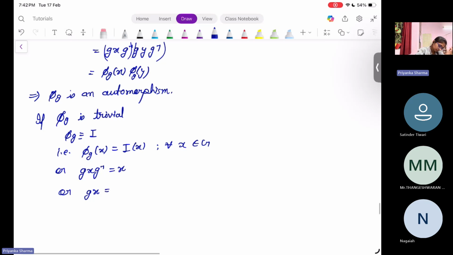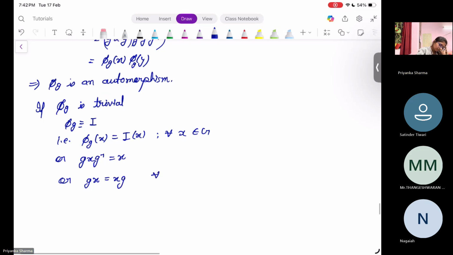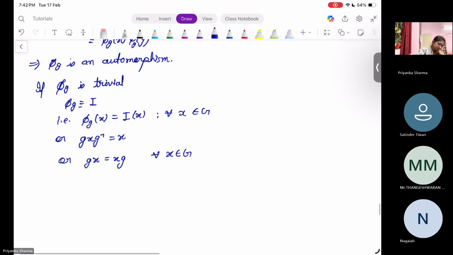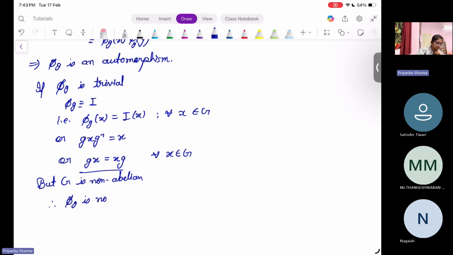So this will give you gx is xg, okay, for all x belongs to G. Which is not true. Okay. Why? Because G is non-abelian. Therefore, phi g is non-trivial.